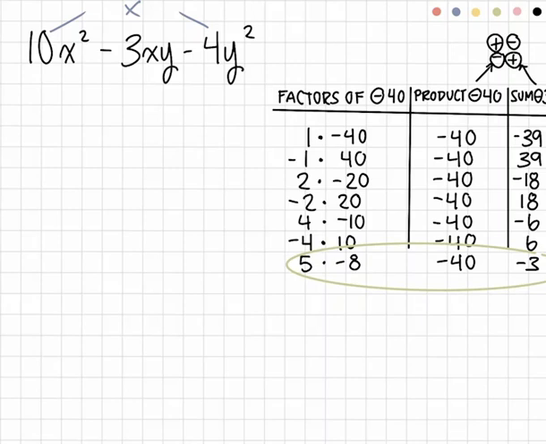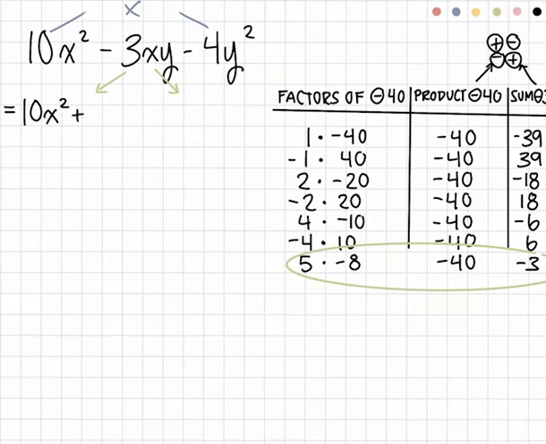Okay, so let's follow the same steps we've been using. Bring down that first term, 10x squared. And now I'm going to look at my middle term the same way that I have been. I'm going to break it apart with my factors that I found.